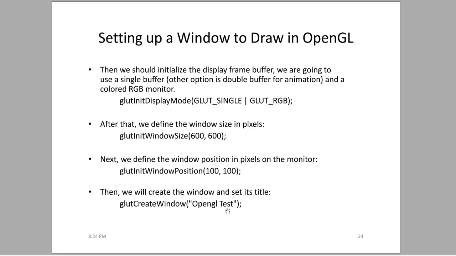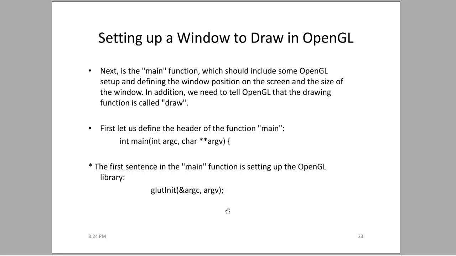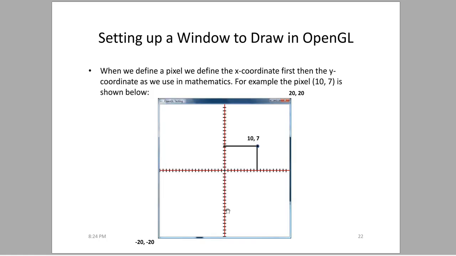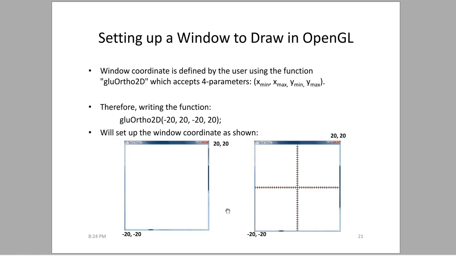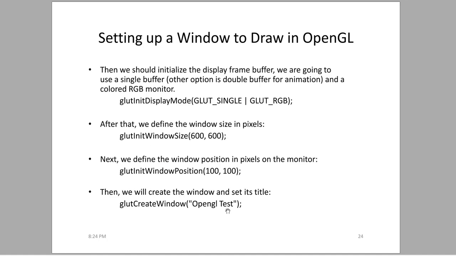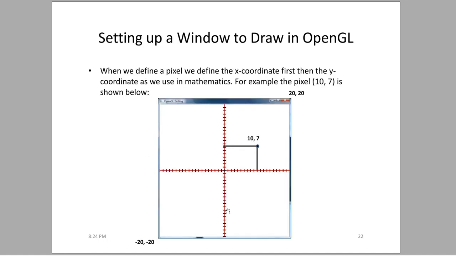So these four statements actually display the window. The earlier calls will not work if we don't call this. So after glutCreateWindow, we will see a window like this.